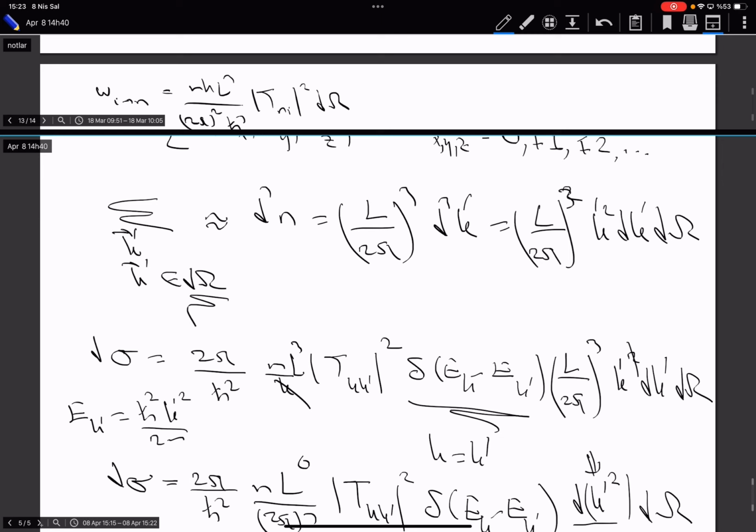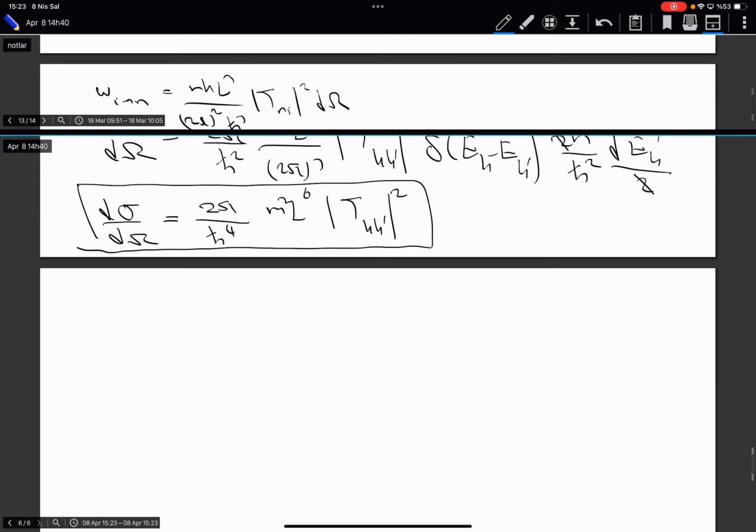Well, okay, so this is summing over k prime. What did I do? I'm summing over k prime, but this is the same thing as summing over n. So I'm summing over n prime, and here I have delta nx, delta ny, delta nz. They're all 1.